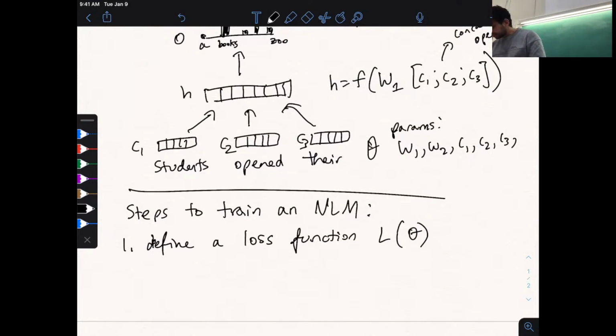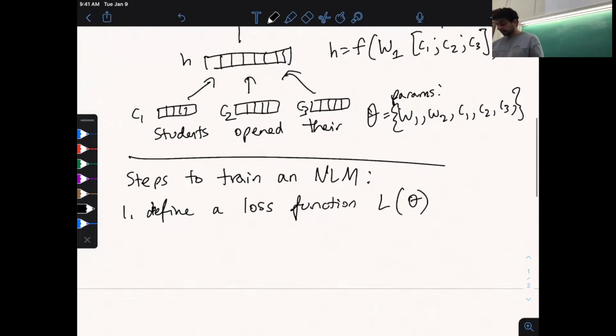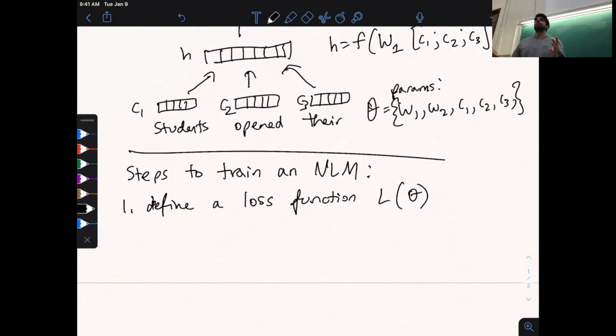Theta is the set of all of the model's parameters, a convenient way of referring to every single parameter in the network. A model is defined by the set of parameters that comprises it. So when I say L of theta, there is a loss function that outputs a single number, a scalar, and that scalar is dependent on all of the parameters of the neural network.